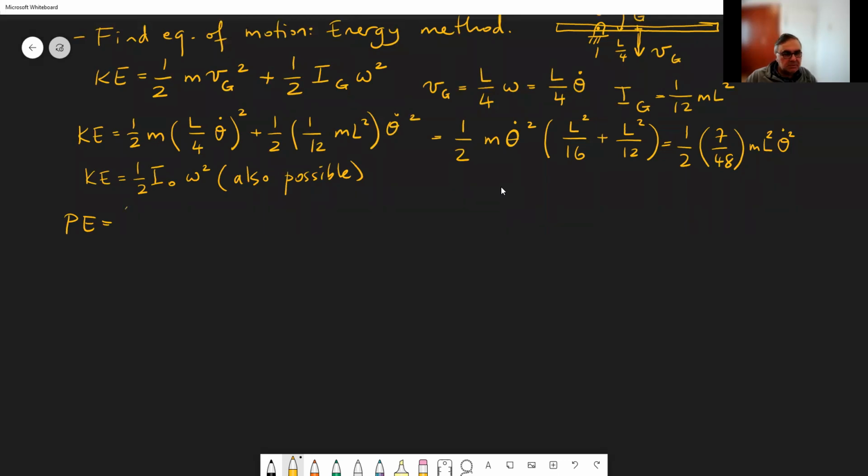So it is 1 over 2 in parentheses k times L over 4 theta squared plus 2k times 3L over 4 theta.